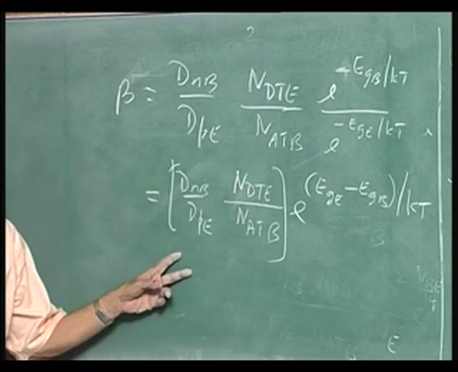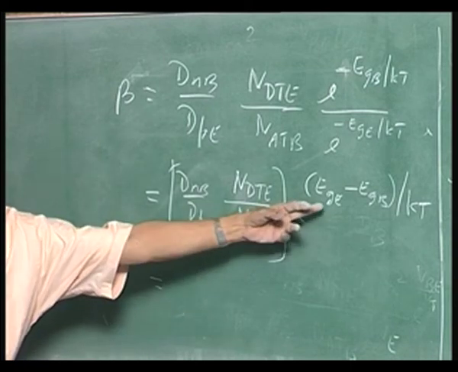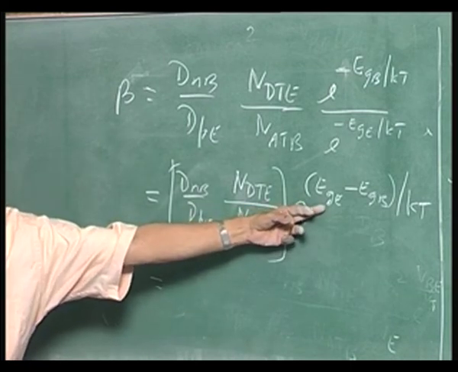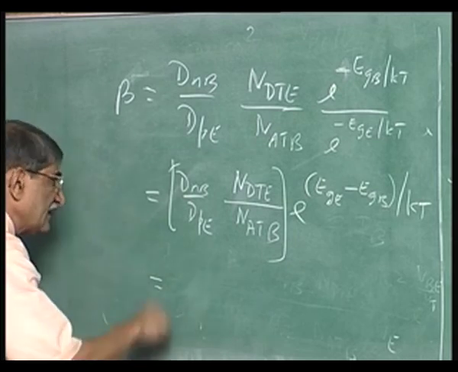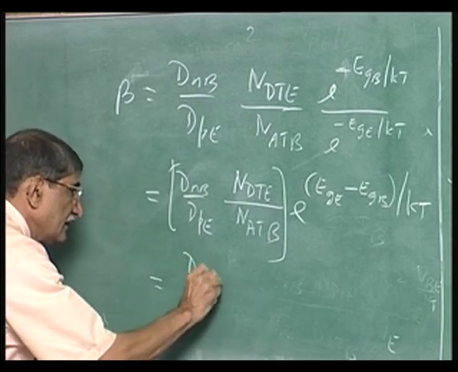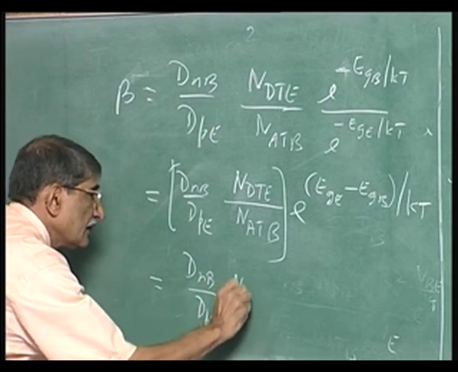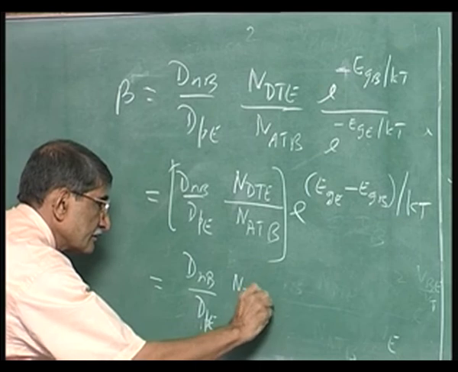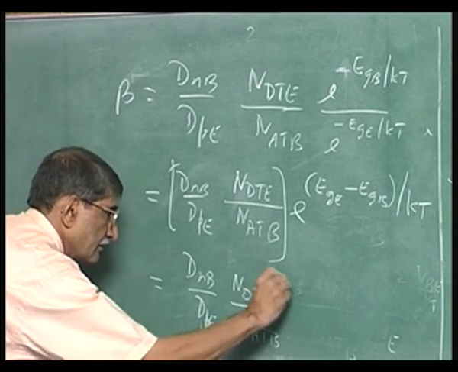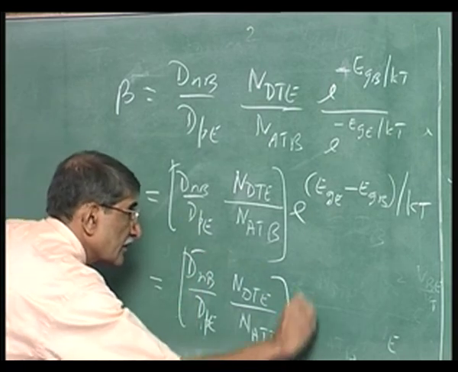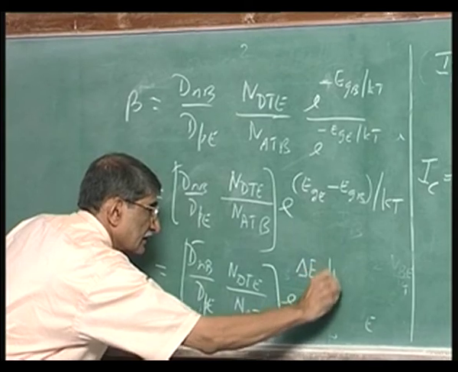Okay. This is actually equal to, what is this quantity? This is the quantity that you get for beta if the band gaps are same, EGB equal to EGE. That is the beta of the homojunction transistors. Now, let me just put it like this: DNB divided by DPE into NDT by NAT, times e to the power of delta EG by KT.